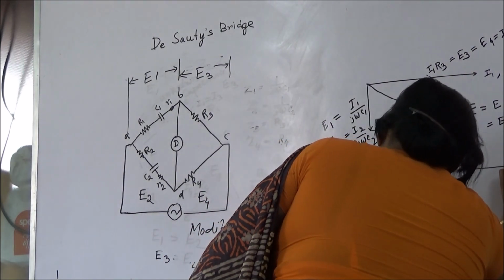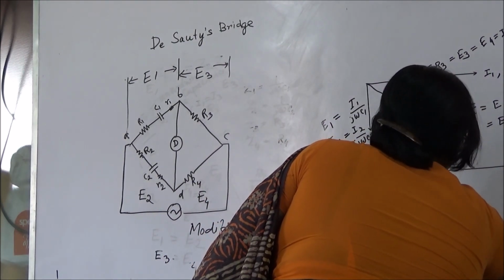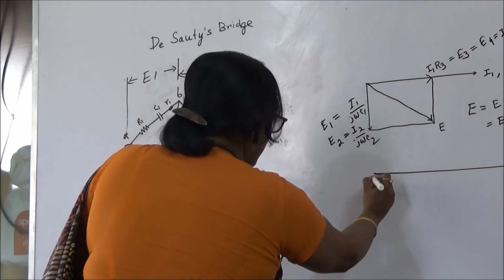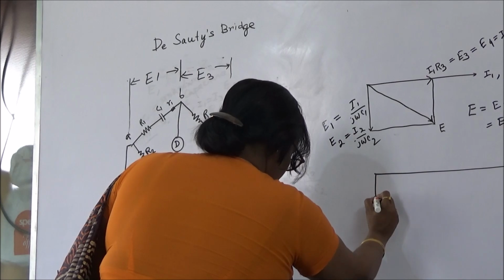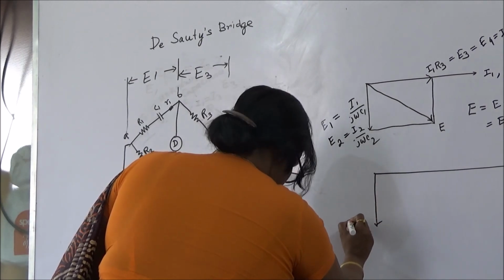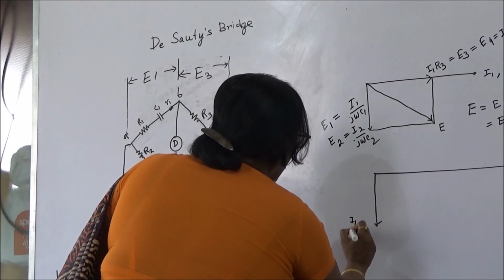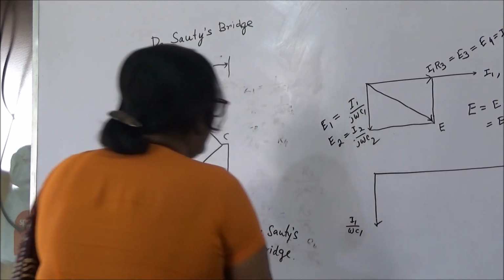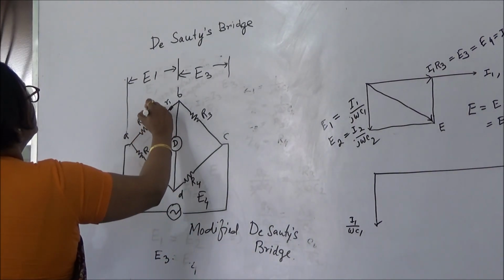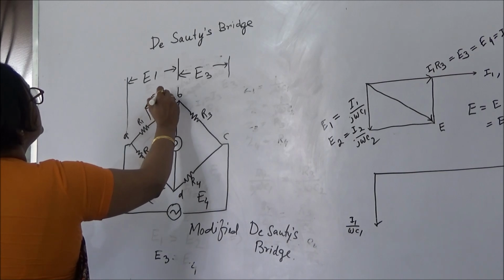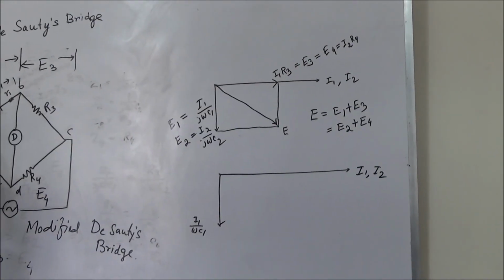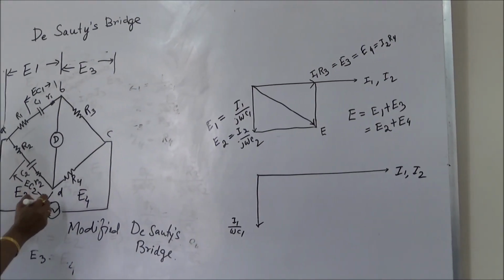Similarly, this one will be my reference line I1, I2. This is my I1 by omega C1. This potential is EC1, and this potential is EC2.